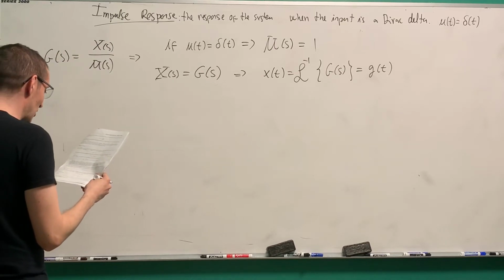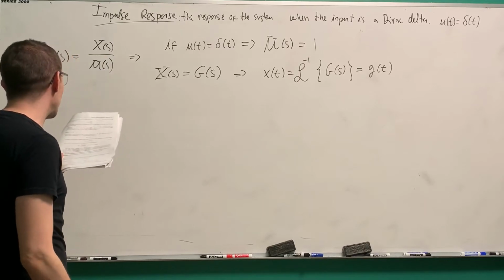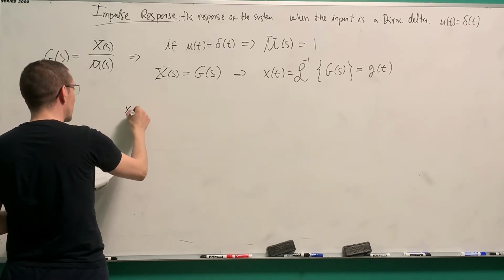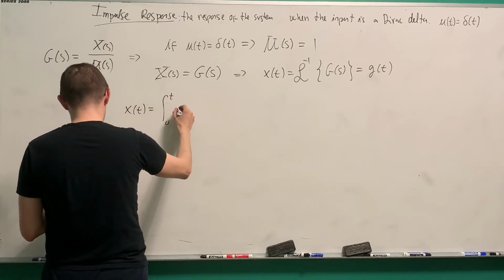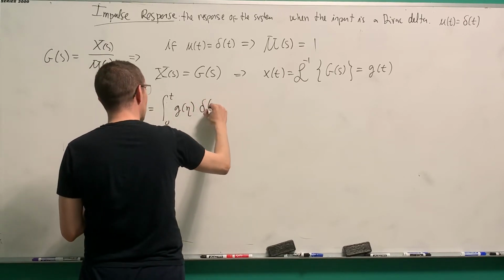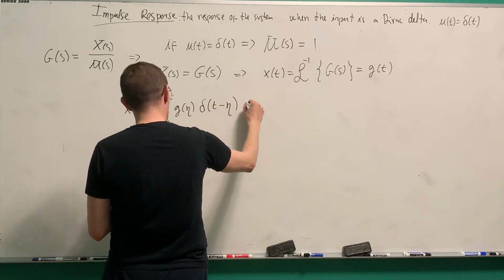All right, so this is actually pretty easy to see if you want, because you can do it like that. You can also do it by the result that we got right before, that x of t is the convolution of the transfer function and the input, right? If the input is a delta, right?